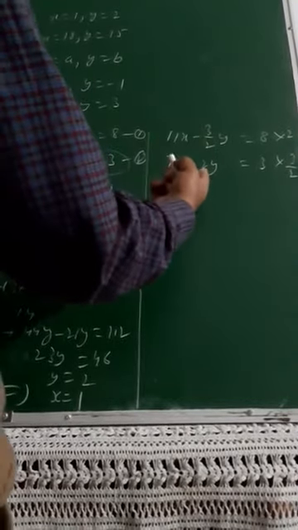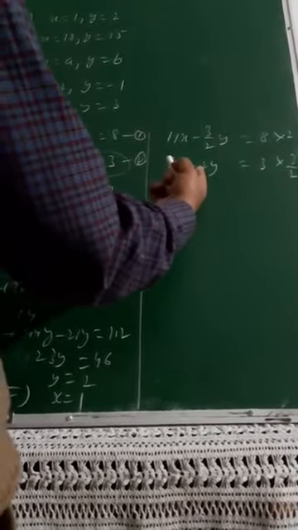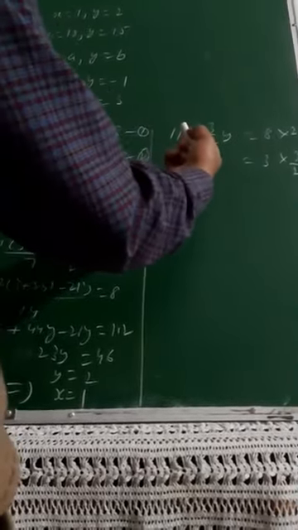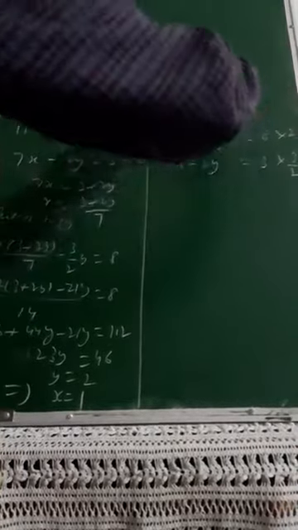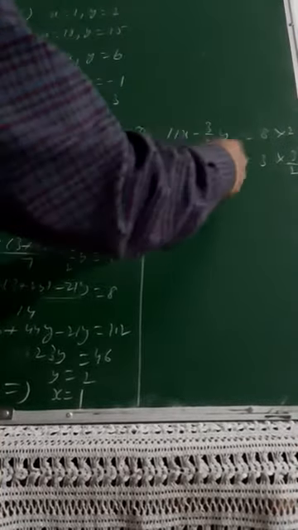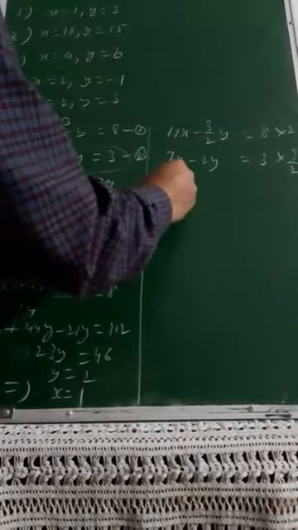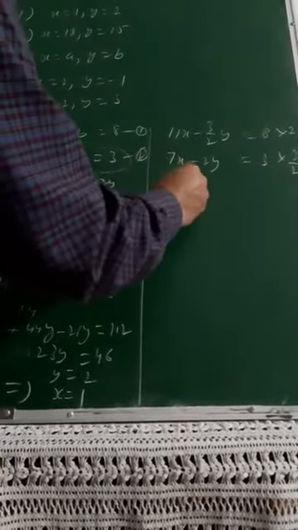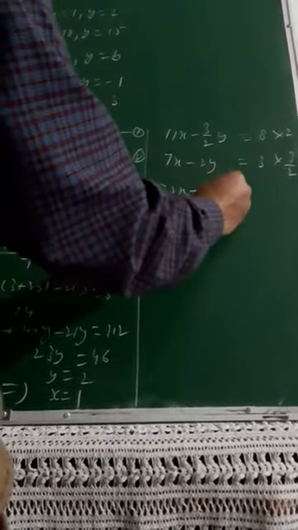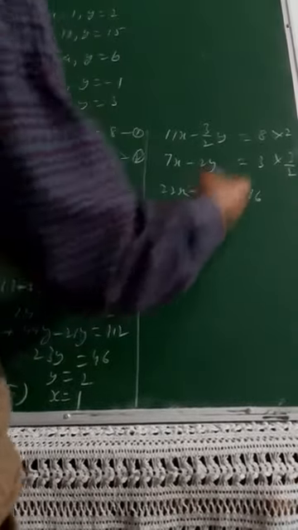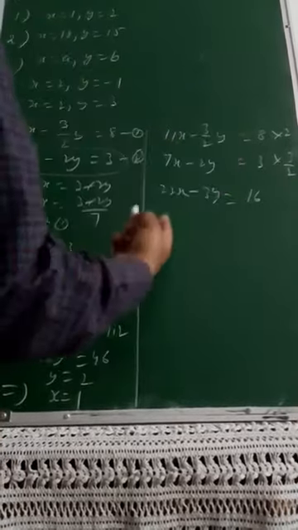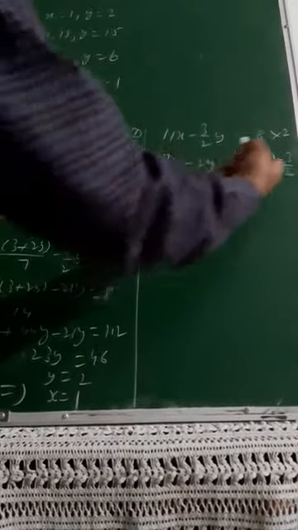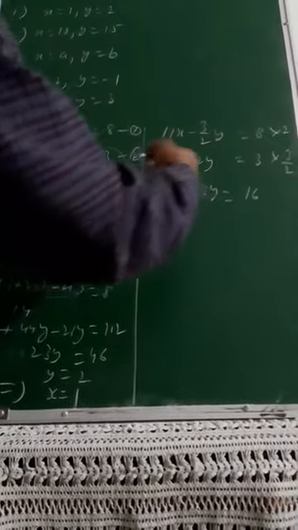Because in the second equation the coefficient of y is 2 and in the first equation the coefficient of y is 3 by 2. So interchange that and your result will automatically be equal. You will see what happens when you multiply: 22x minus 2 will go off, it will be 3y is equal to 16. Every term I multiplied by 2, and here you see, when I multiply by 3 by 2, what happens?